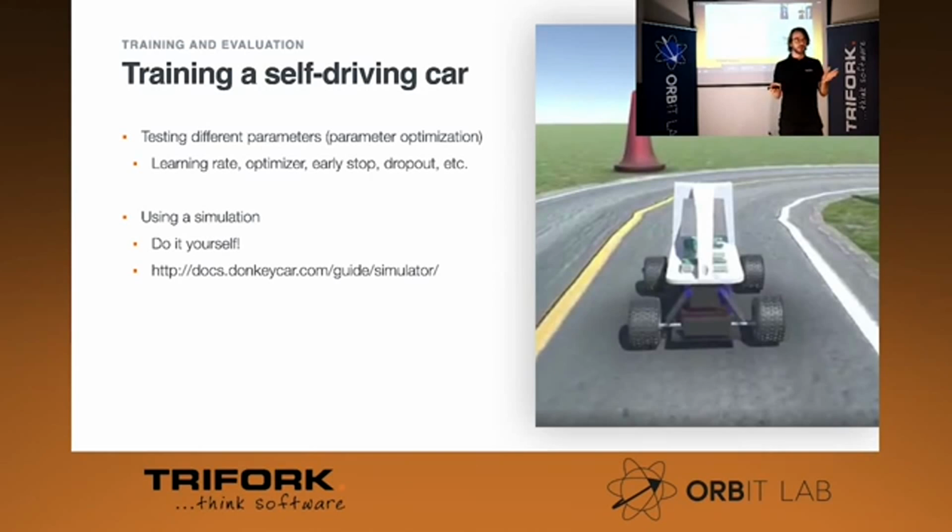So some of you might know about these different things I'm talking about here. Like, you need to test different parameters. We only tested some parameters that we know worked for this track. But in general, when you're training a machine learning model, you should try and do some evaluation on what the learning rate does, which optimizer to use, using something called early stop that I was talking about earlier.